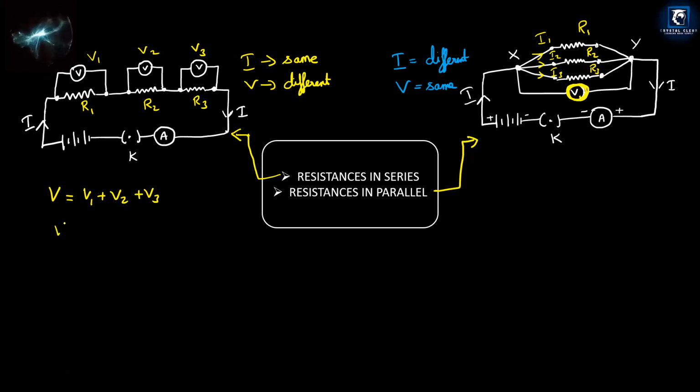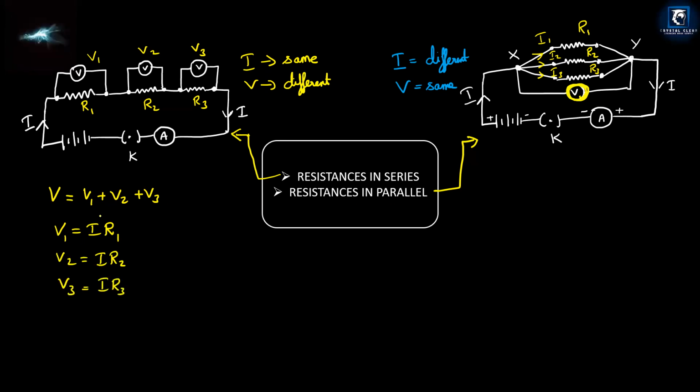And now we know the formula V is equal to IR. V1 is equal to IR1, V2 is equal to IR2, V3 is equal to IR3.